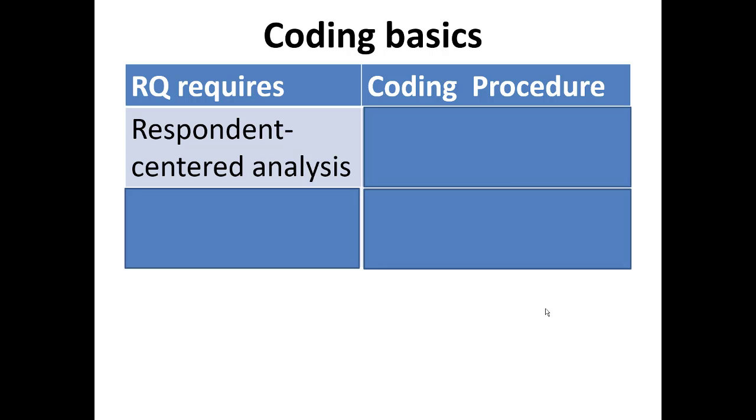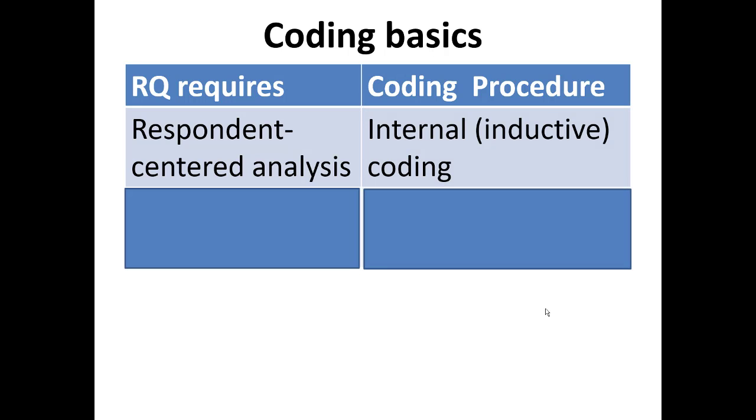In any case, our question then is about how does one's sense of place change after one's house burns down? And if we're primarily interested in just understanding the experiences of the people who lost their house, we'll probably rely on something that's called internal or sometimes inductive coding.